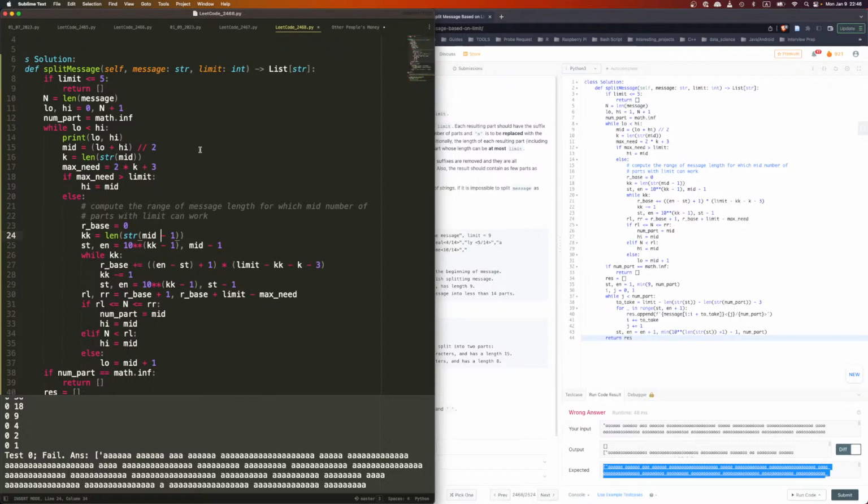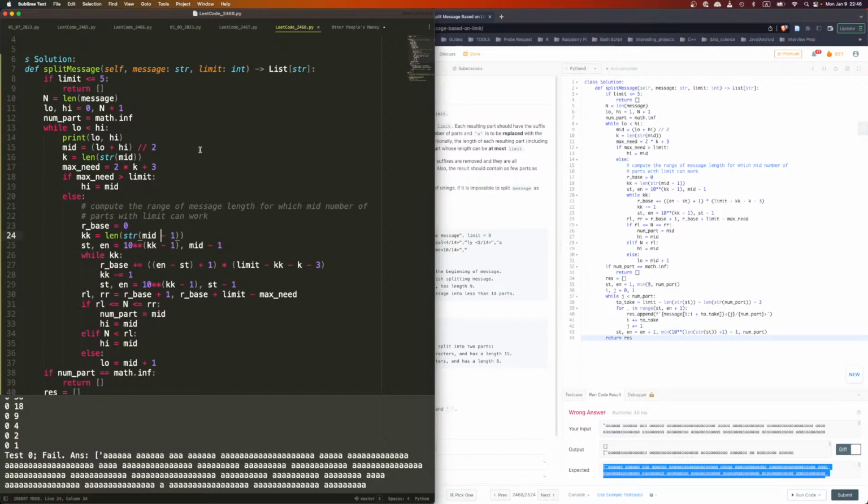Let's see. So what we're trying to say is we have a mid, and mid minus 1, right? And the kk has to be 1 to something. It all works.